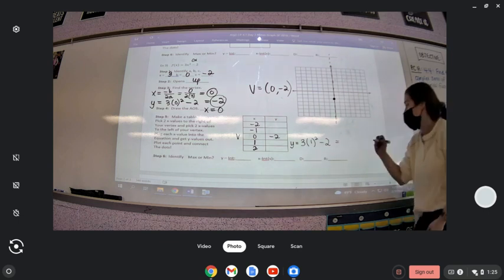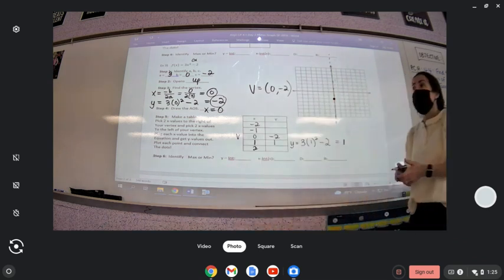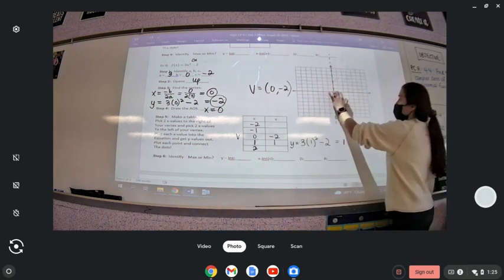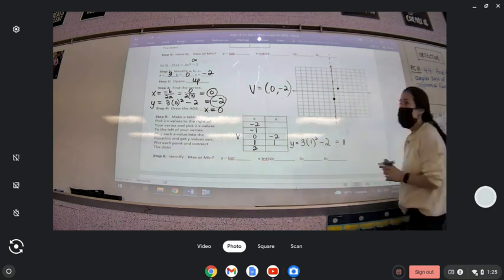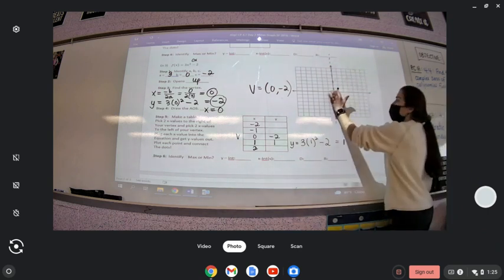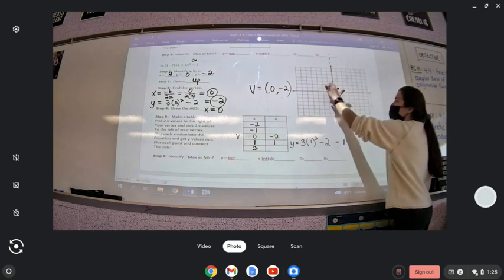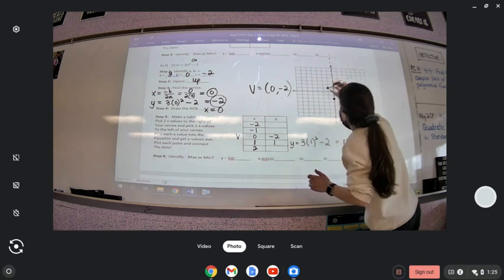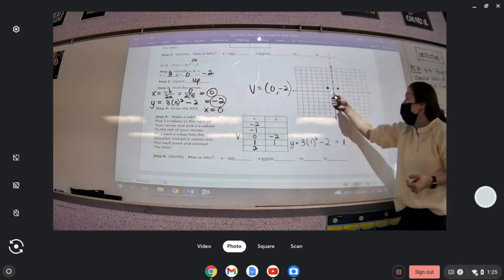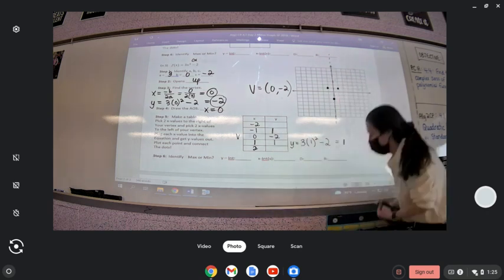Somebody said it. 1. So that means the point 1, 1 is on this graph. So from your origin to the right 1 and up 1. Okay? Now, he is 1 x value away, 1 jump from the AOS. So let's go 1 x value to his left, and let's match that point. So guess what? If somebody had plugged -1 in, they also would have gotten a +1 out.